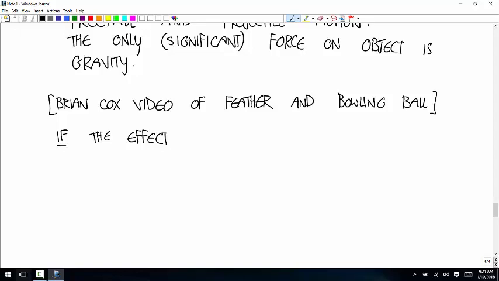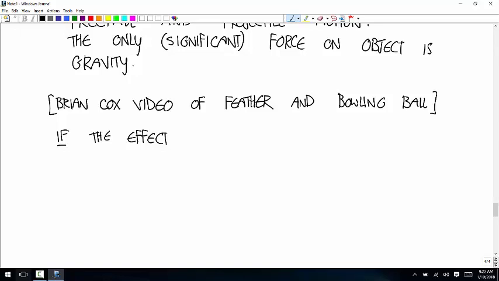If you got something massive enough that its gravity affected the motion of the Earth, then the Earth would be accelerating a little bit towards the object. But as far as it falling faster, no, it would be the same. So for now, we just kind of have to accept that they do, but when we start talking about forces and stuff, we'll understand why that is.